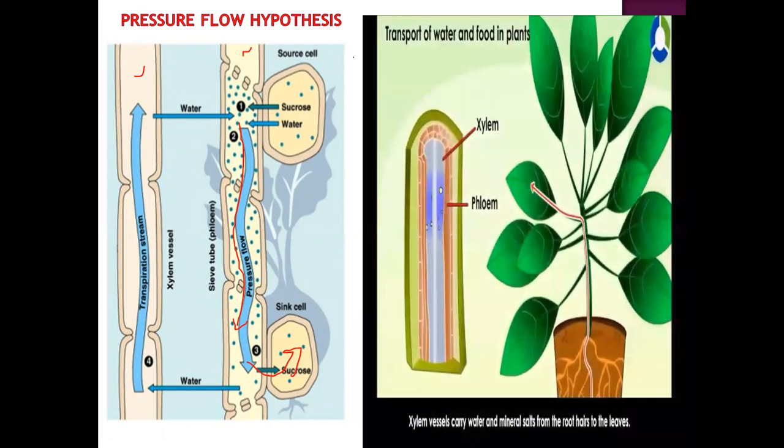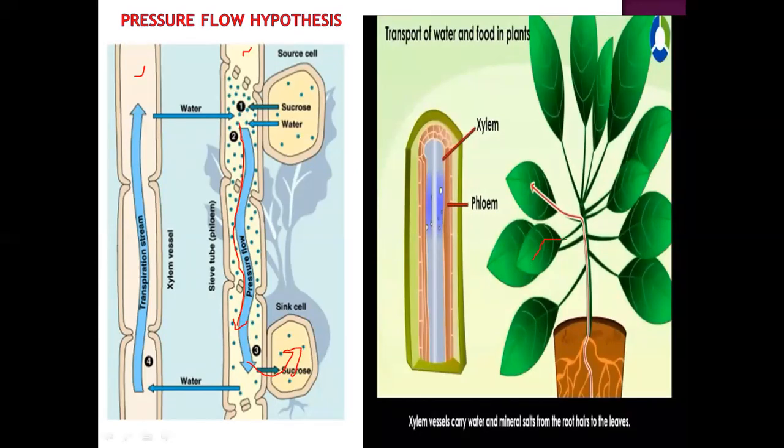As well as if you see transport of water and food in the plants, from down in the roots the water is sucked up into the leaves, and this line in the center is called the midrib of the plant.